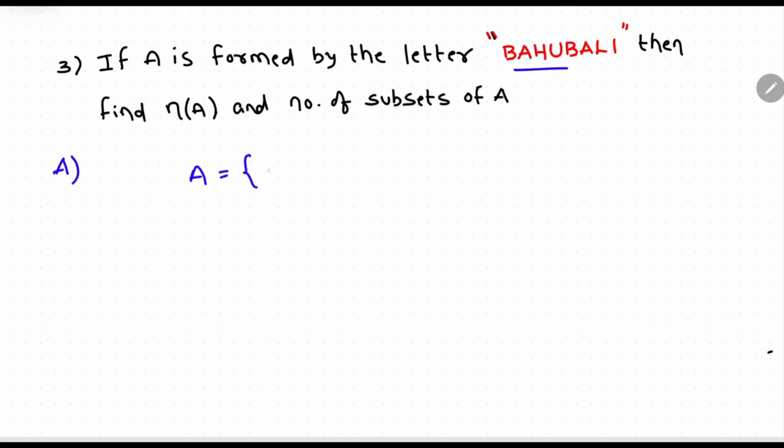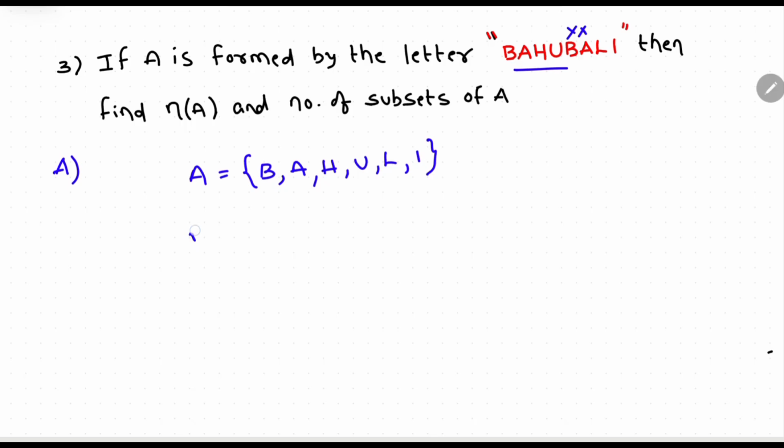So here B, A, H, U. So B we got already, so no need to take B once again. A we have already taken, so L, I. So set A is having the elements B, A, H, U, L, I.